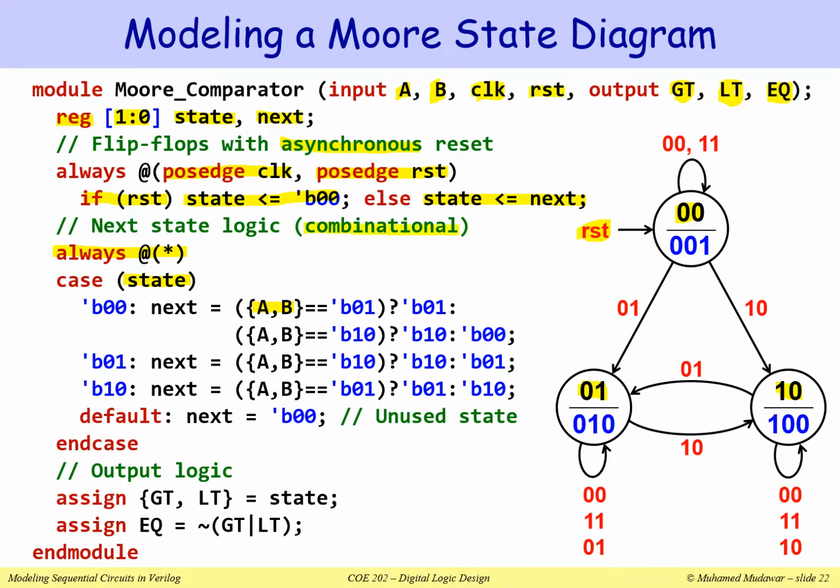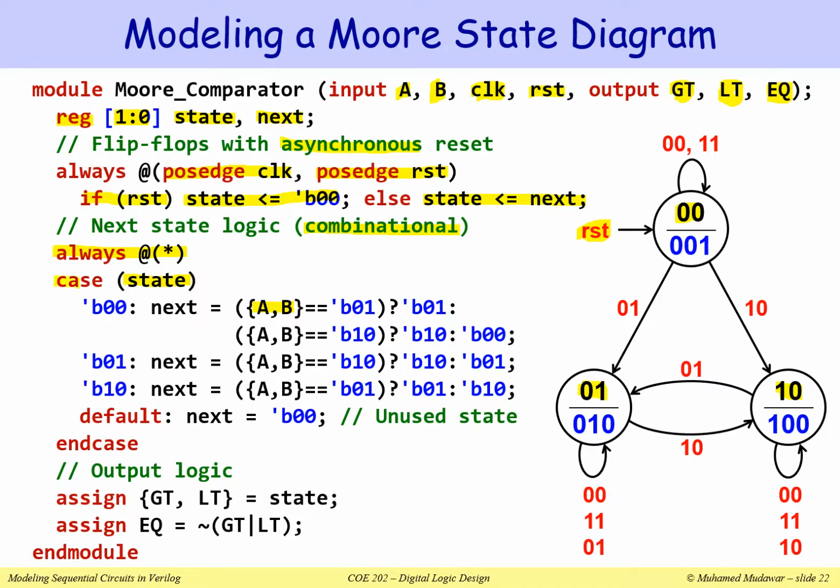Let the compiler expand this star into all the inputs that appear inside the always statement, so it's going to replace the star with state, A and B. There is no need for you to write them, especially when you have many inputs, and to avoid making mistakes, you can just write a star, recognizing that this is combinational logic.